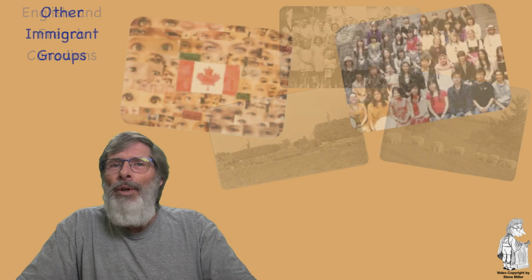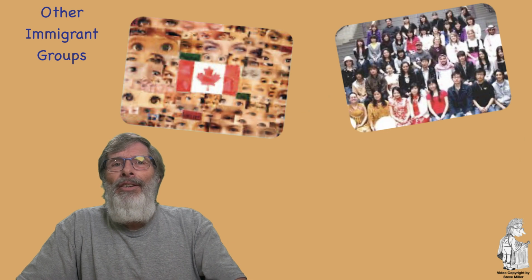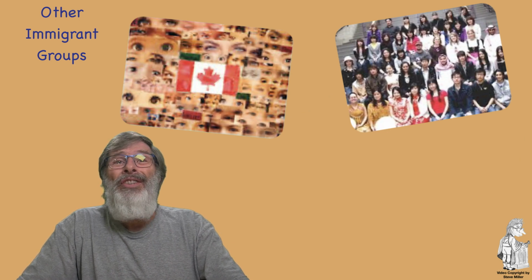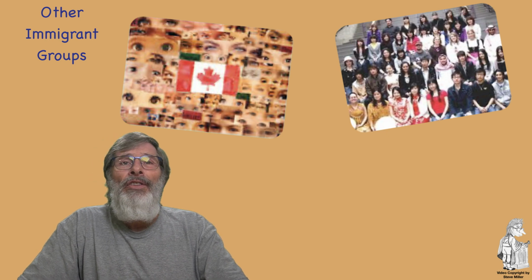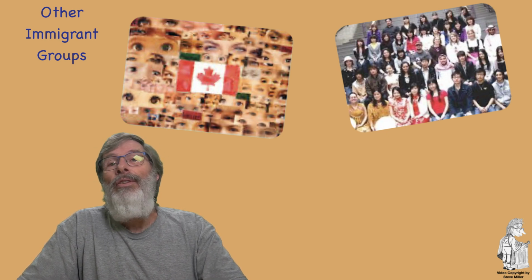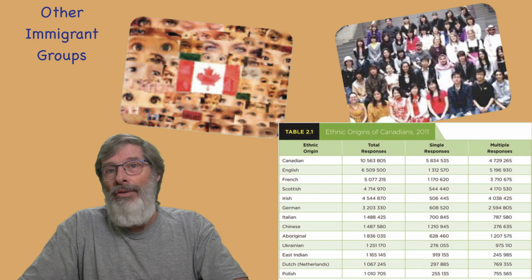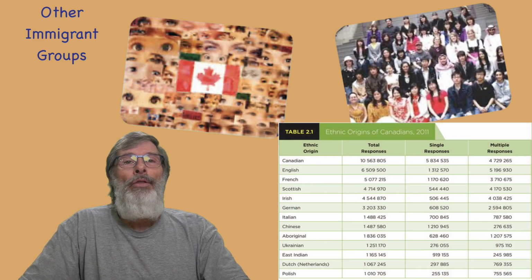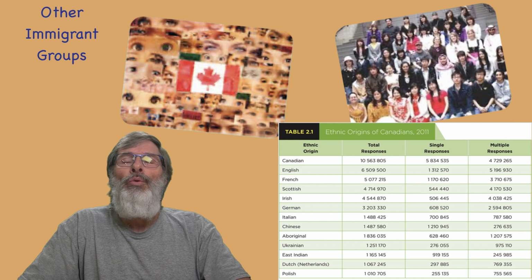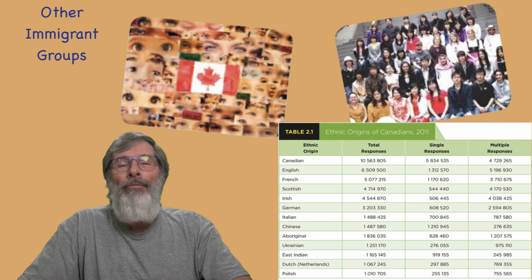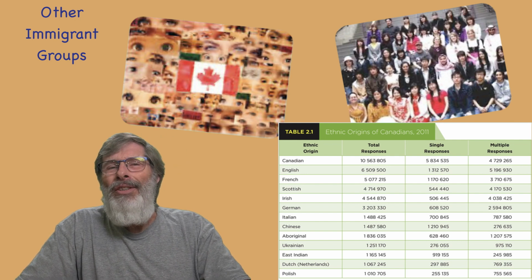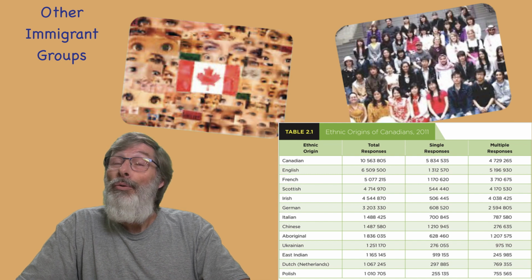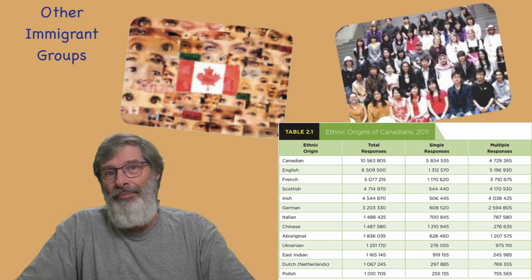Other immigrant groups we can look at: the diversity of Canada's population will continue to increase significantly over the next decades. In 2011, the census counted 200-plus ethnic origins. By 2031, about 25 to 28% will be foreign-born, about half from Asia, and about 30% will belong to a visible minority, nearly double the proportion reported in the 2006 census.